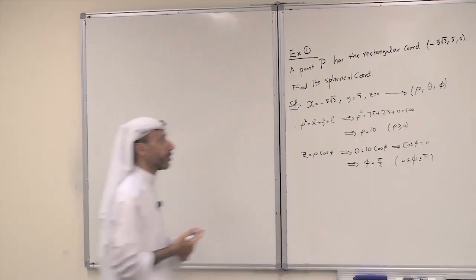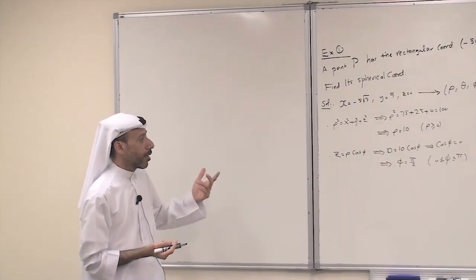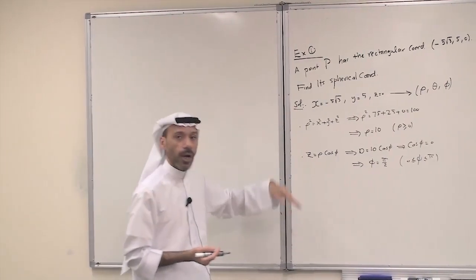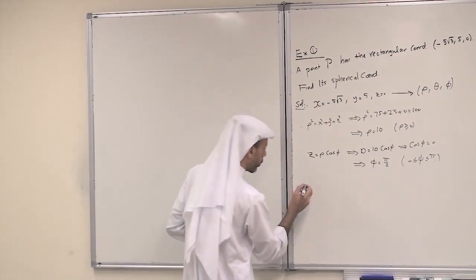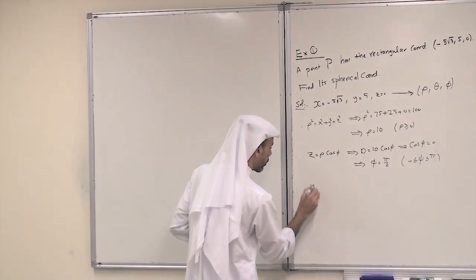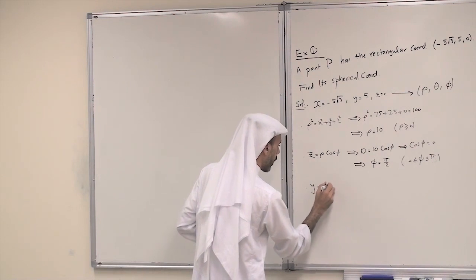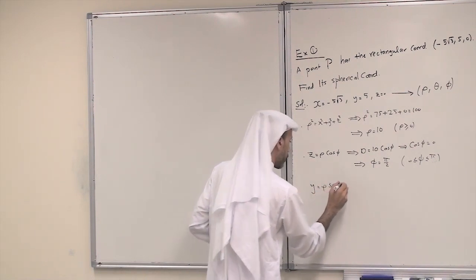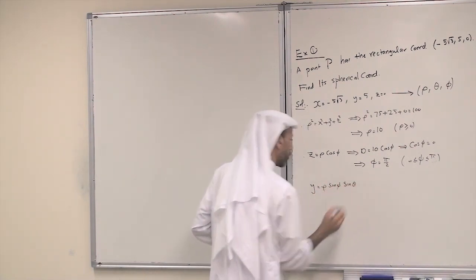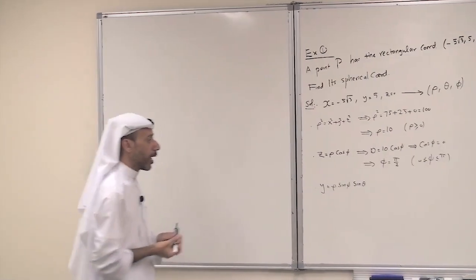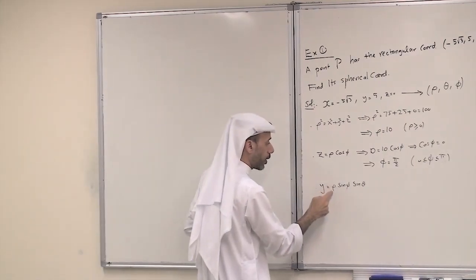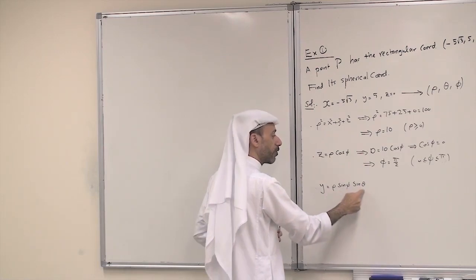So this is phi. For theta, well, I have the x and y, so I can use either one of them. So let me choose y. So this is y equals rho sine phi sine theta. Well, I know y and I know rho and I know phi, so I can find theta.